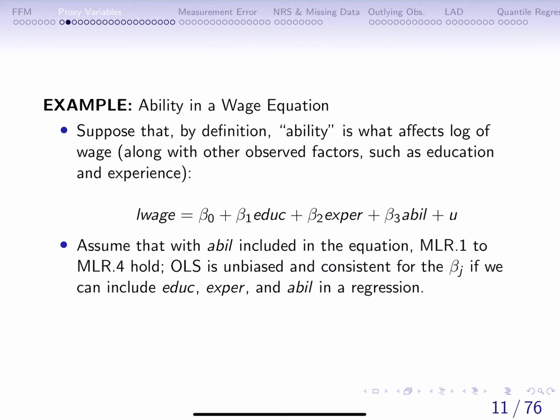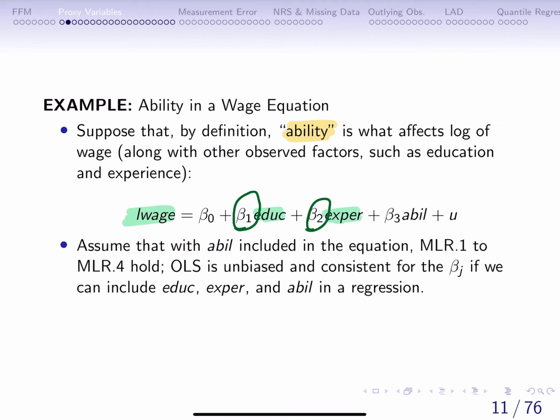So an example here is something you're familiar with again. We're looking at regressing log wage on education and experience, and what we're really interested in are these returns to education or returns to experience. Okay, but we might believe that ability plays a role in wage determination.